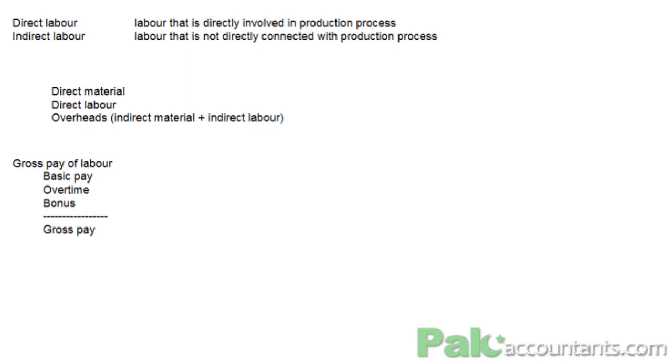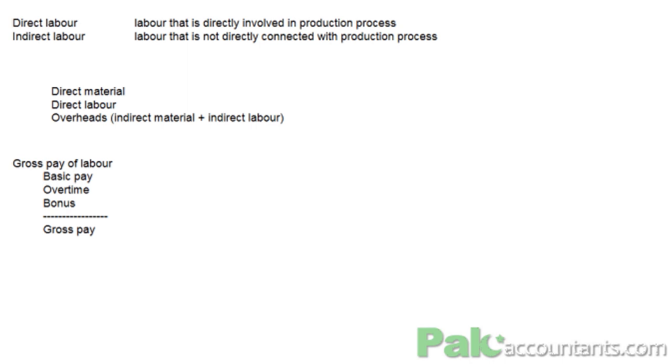And it is on your gross pay that you calculate all the tax rates, participation funds rate, and everything is applied on this gross pay. All kinds of deductions that you have to make are done after you have calculated this gross pay.